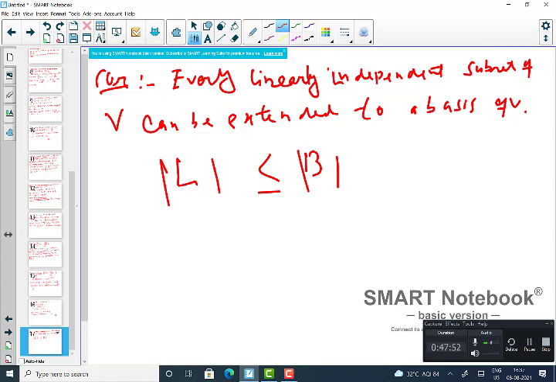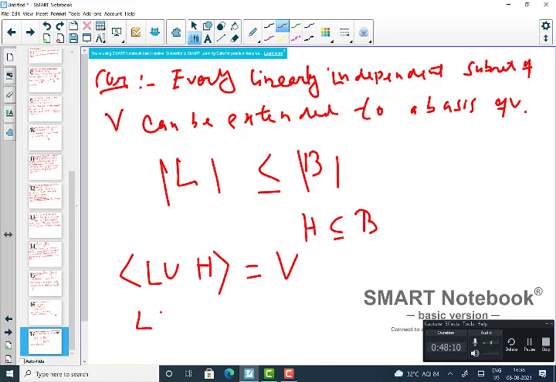So now what does that mean? That means you can find some H inside B such that L union H generates the full vector space V. Not only that, the cardinality is the same as the cardinality of the basis.